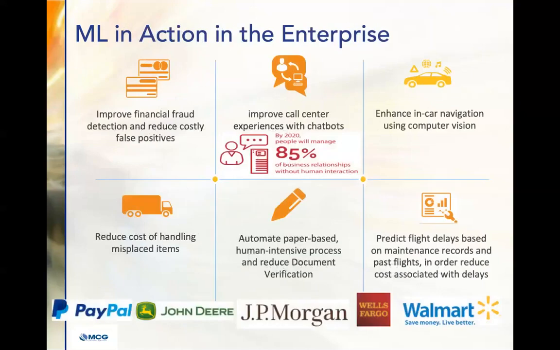So ML in action in the enterprise. These are just some examples. I'm not going to go through all of them, but I do want to point out that let's define some terms here. Are these machine learning projects necessarily? Well, if they're using machine learning, I'm calling them a machine learning project, but you can clearly do a lot of this, like financial fraud. We're going to drill in on that, actually. But fraud and call center experiences, you can do a lot of this without machine learning, right?